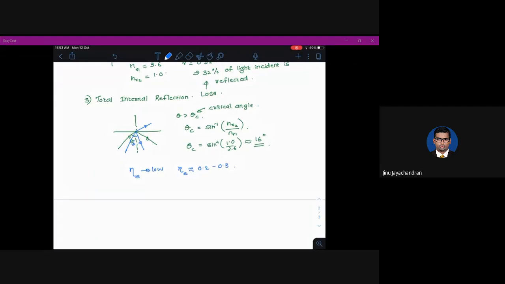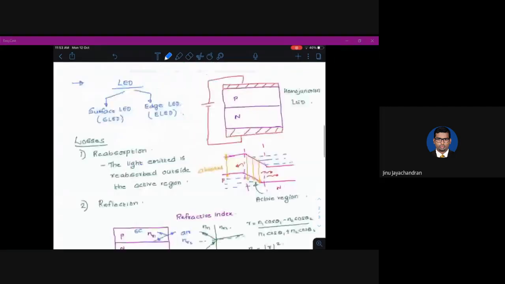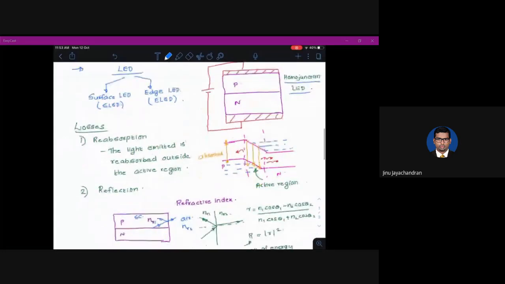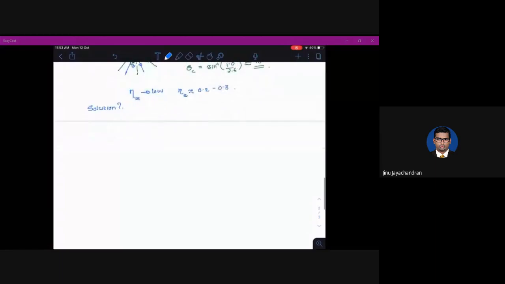Now, how to reduce this loss? Remember, we have seen that this is a homojunction LED. And what is the solution for this? The answer is we'll go for double heterostructure.